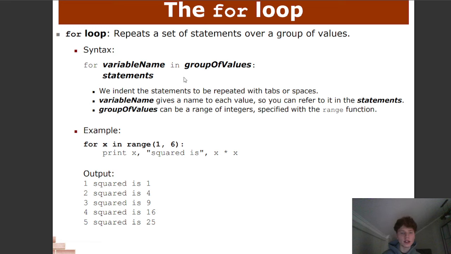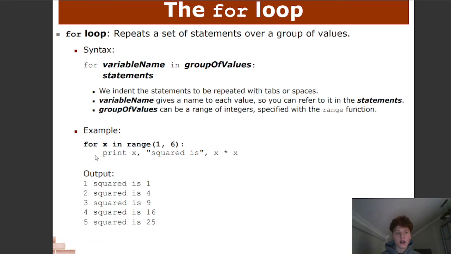We indent the statements to be repeated with tabs or spaces. Variable name gives a name to each value so you can refer to it in the statements. A group of values can be a range of integers specified with the range function.